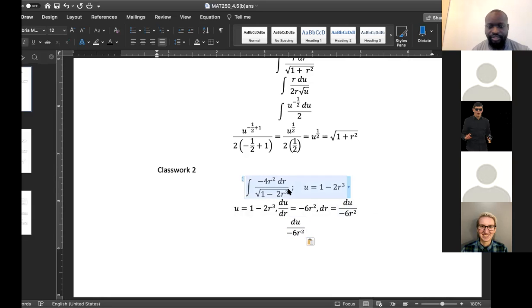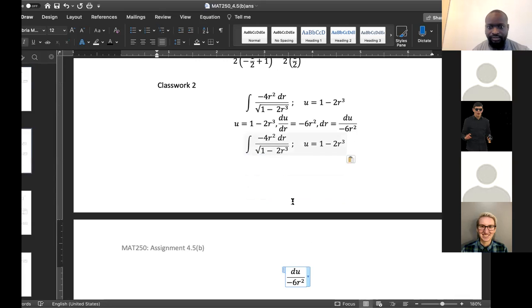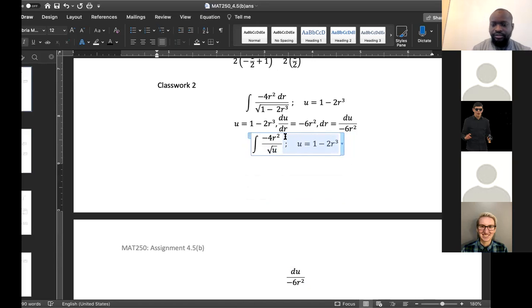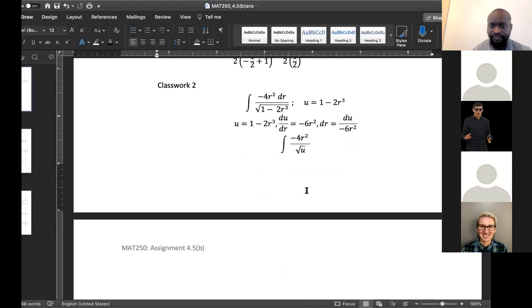So my integration becomes, so this is u in place of the r. I'm going to have minus 6 du over minus 6r squared. So that becomes our problem. So negative cancels negative. I have 4 over 6 is 2 over 3.